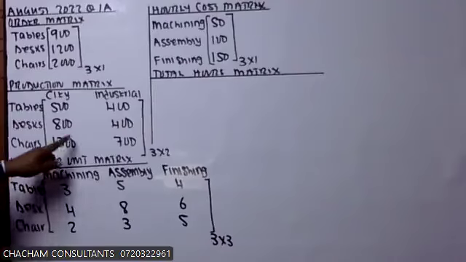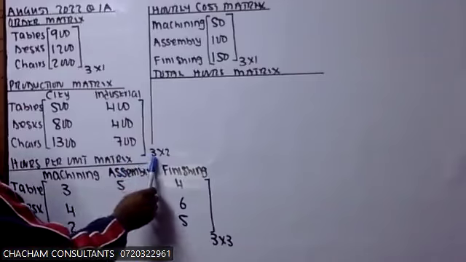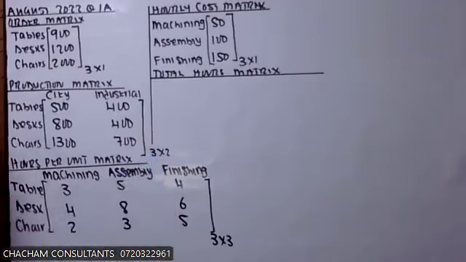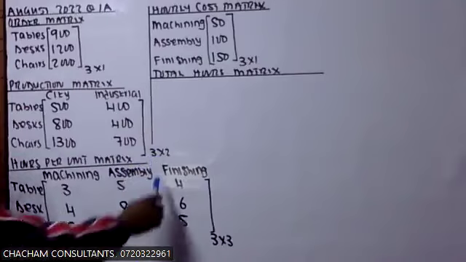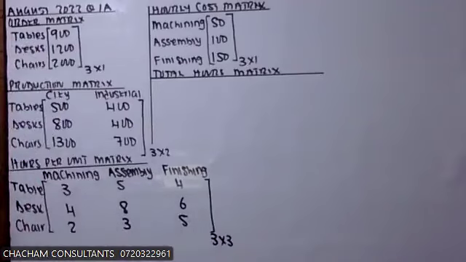Now, when you are multiplying, you must ensure that the columns in the first matrix are equal to the rows in the second matrix.